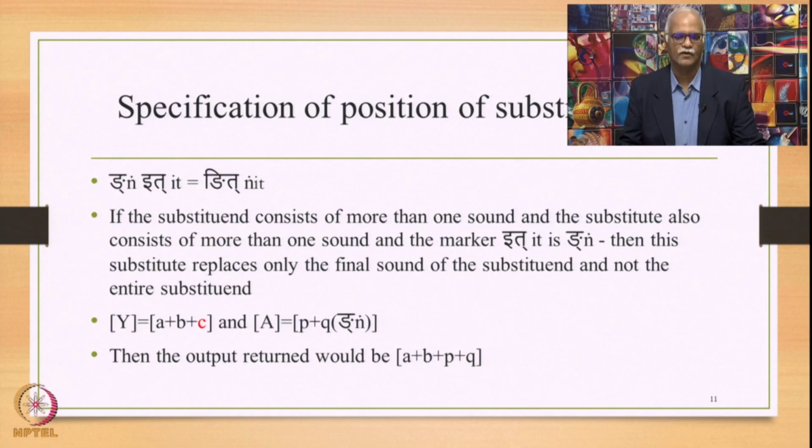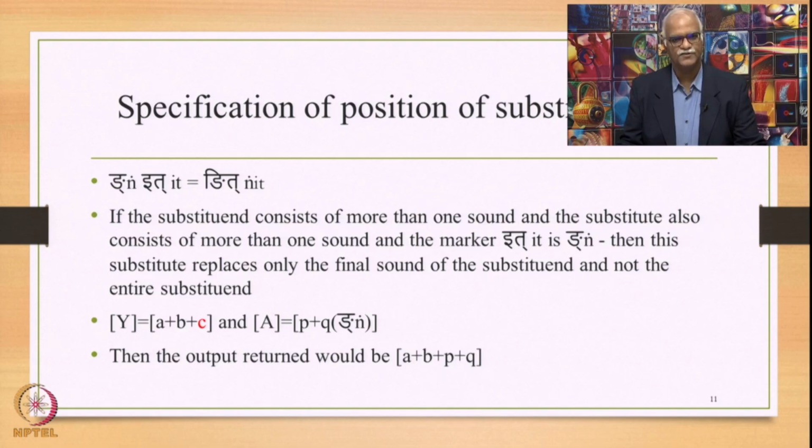Now if the substituent consists of more than one sound, as we saw earlier, and the substitute also consists of more than one sound and the marker ng in it, then this substitute replaces only the final sound of the substituent and not the entire substituent, which is stated by 1.1.55.